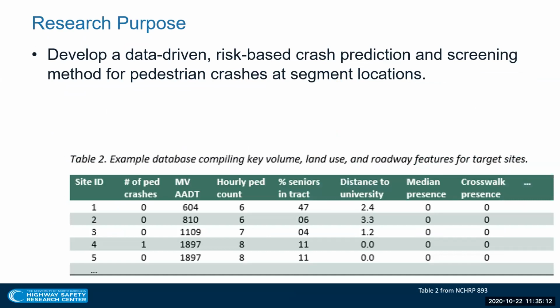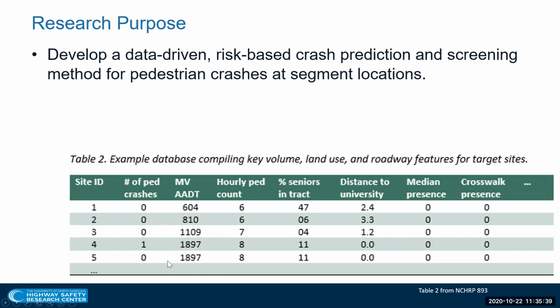So that's the basic process, and this is just an example of the kinds of data that were compiled for this type of work. So the first column just shows that we count the number of crashes that occur at each type of site, and this may be intersection focused or segment focused or focused on a length of roadway, a corridor that has similar characteristics.